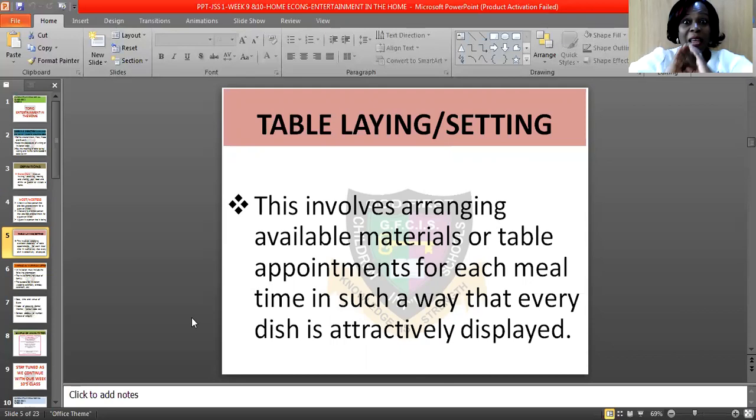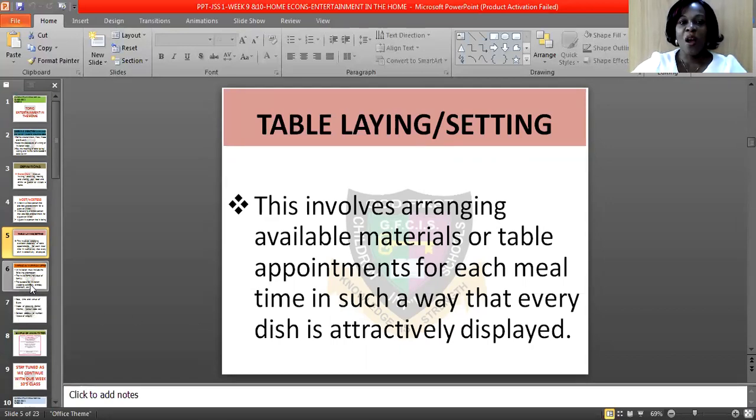You were highly honored, because the way the table was arranged showed that these people honored us specially. All teachers were there to serve you. So that is what we call table laying or table setting.